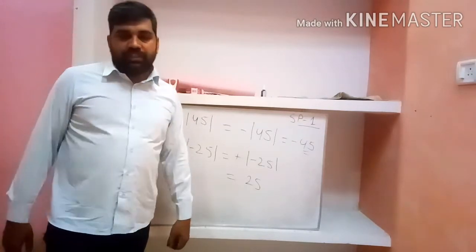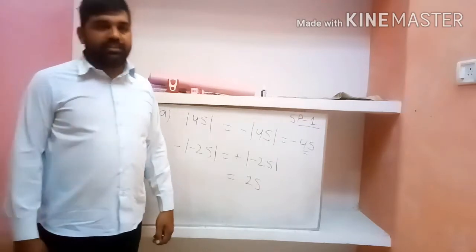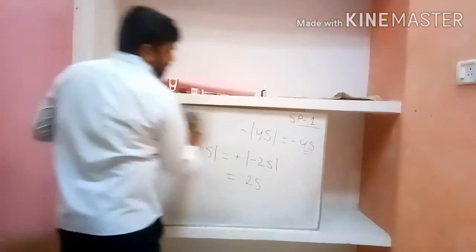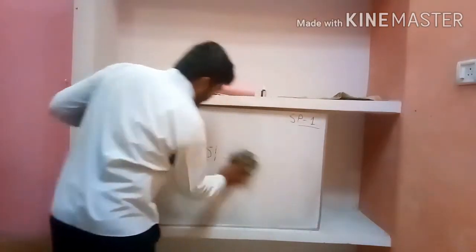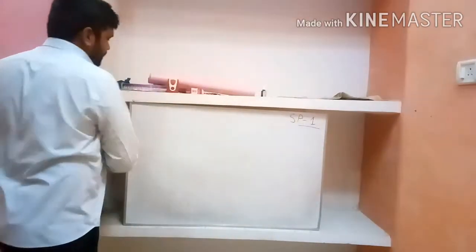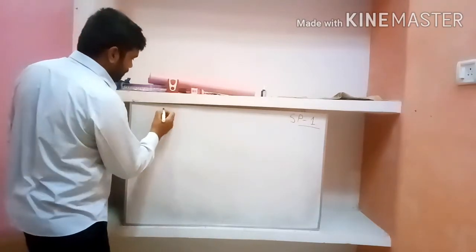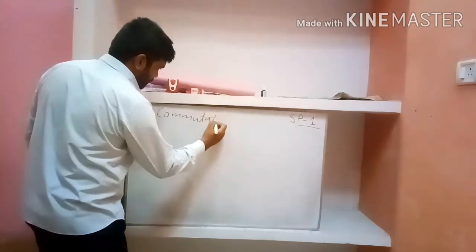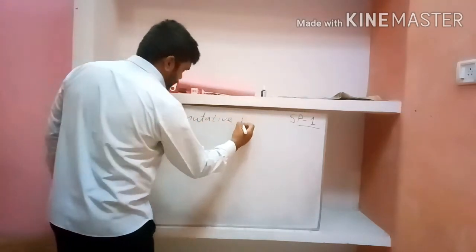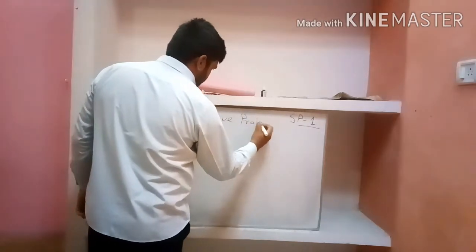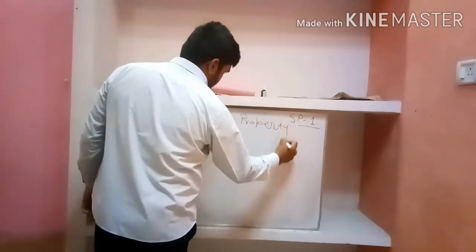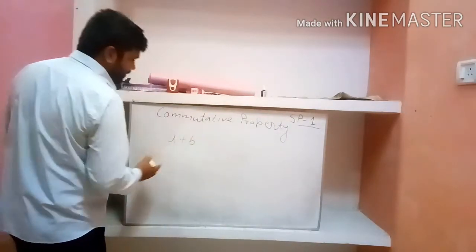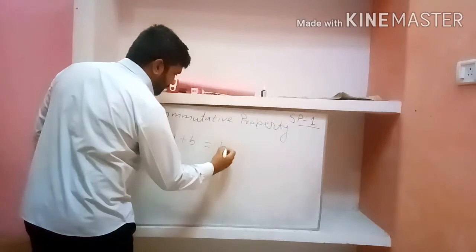Next, commutative property. If you change the order of the addends in addition, it does not matter. Like a plus b, where a is any number and b is any number, is equal to b plus a.